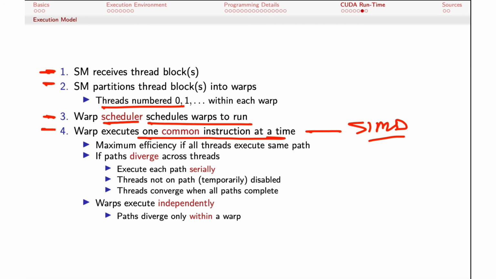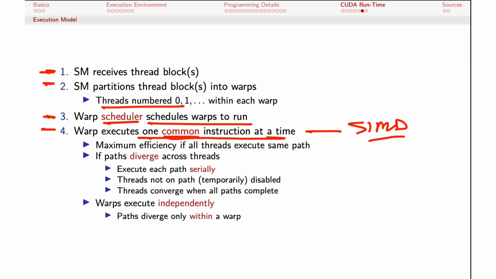But with this idea of a common instruction, if anybody diverges from that, then the warp can no longer have all of the threads running simultaneously, because there's essentially just one control circuit responsible for having each of those SPs doing the next piece of the calculation.